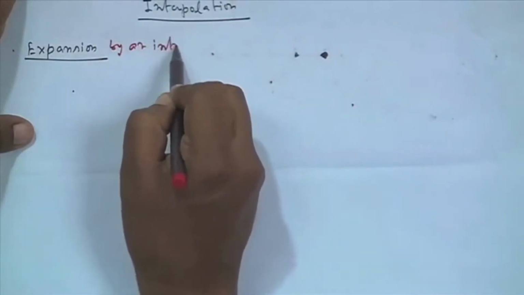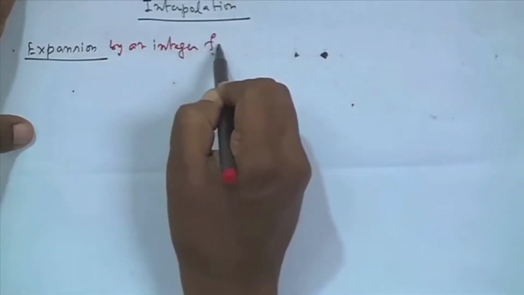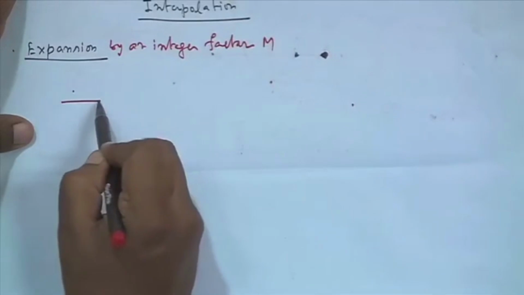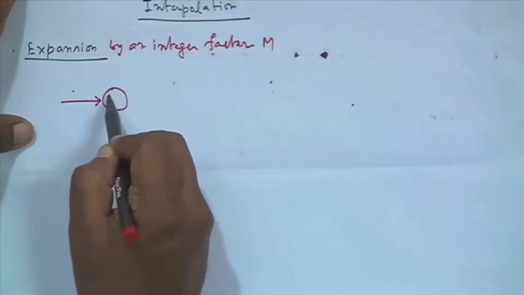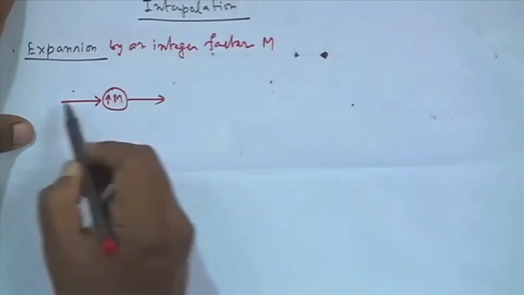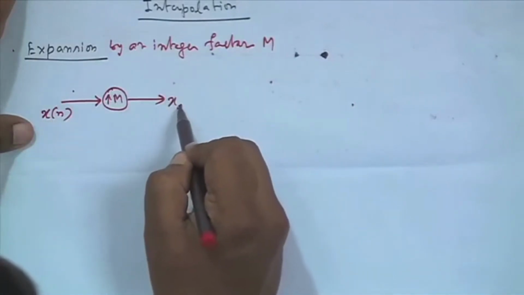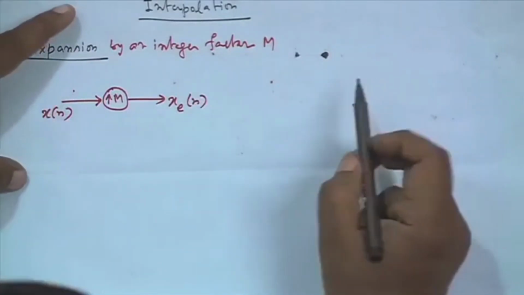Expansion is denoted by a factor, an integer m. You give x_e for expanded, x_e[n]. It is a very simple thing.